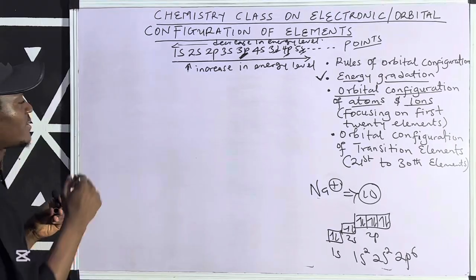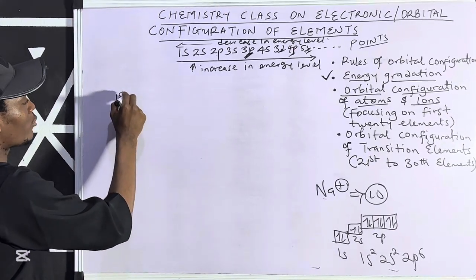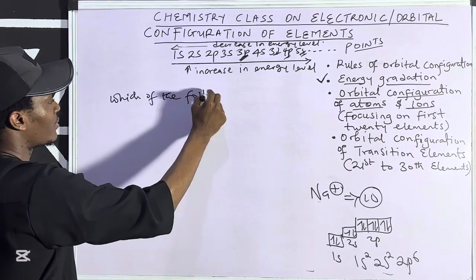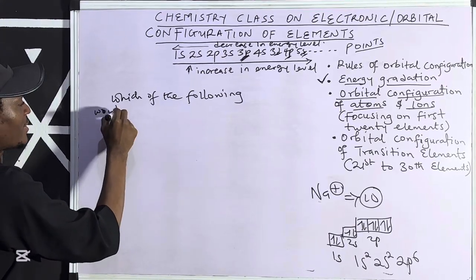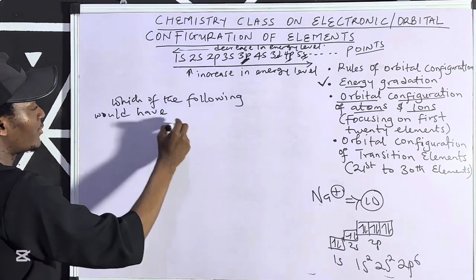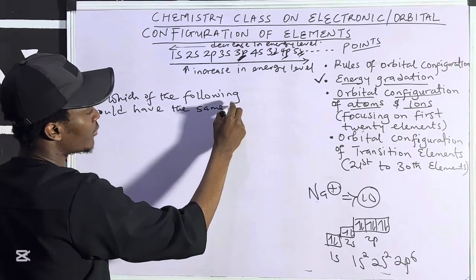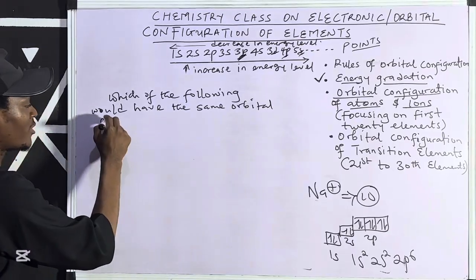Now you might be given this type of question: which of the following would have the same orbital configuration?